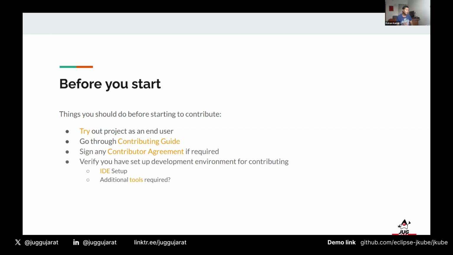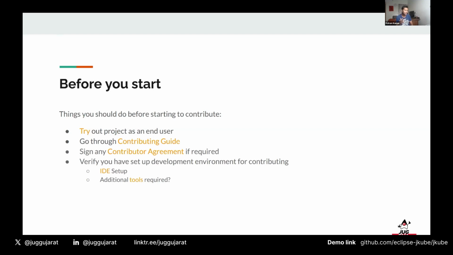Okay, so let me go back to where I was. You have tried the project as an end user, and you check whether there is a contributing guide available. You go to the project website and see whether there is a contributing guide there, or if it's on GitHub, there should be a file named developing.md or contributing.md.